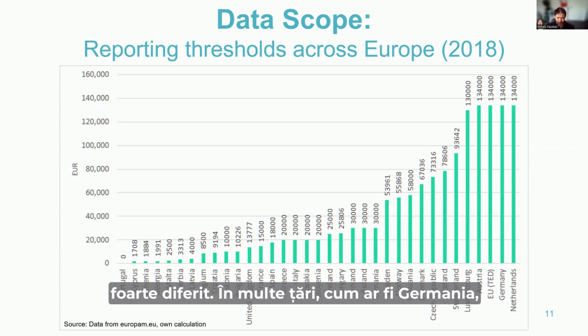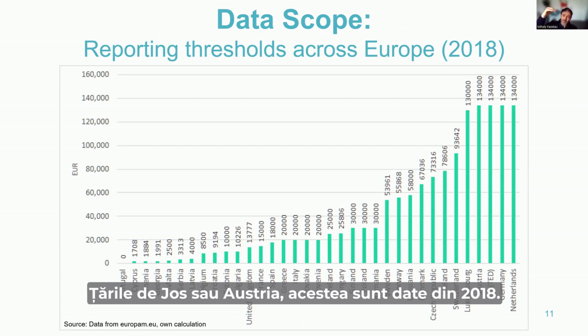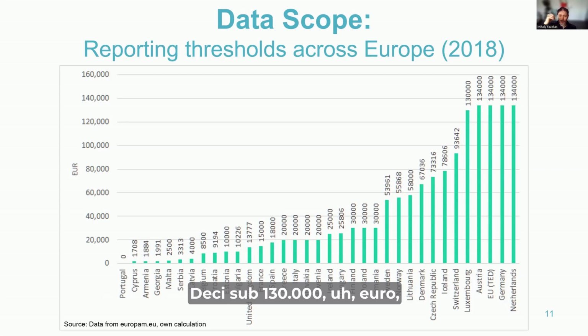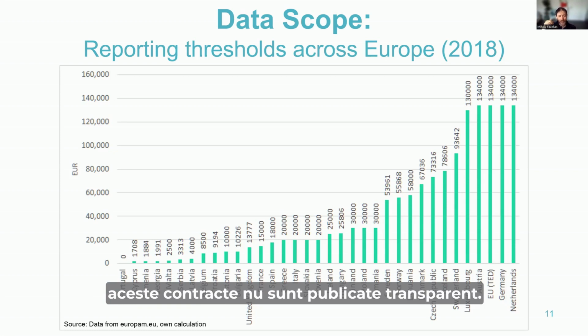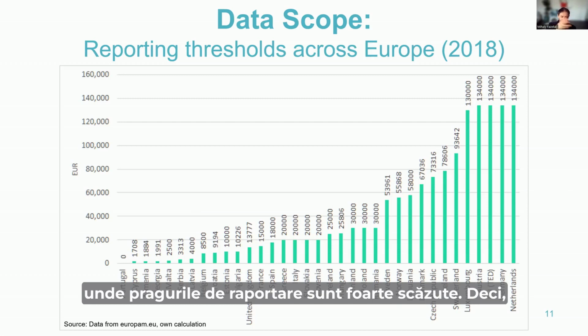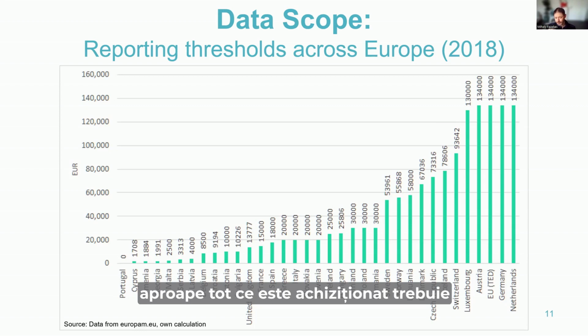In many countries, like Germany or Netherlands or Austria, this is data from 2018, in these countries, a lot of relatively high value contracts, so under 130,000 euros, these contracts are not transparently published, right? And then you move on the left-hand side of this ranking, you have places like Belgium, Georgia, Armenia, where reporting thresholds are very low, right? So basically, almost everything which is procured has to be put on a public website.